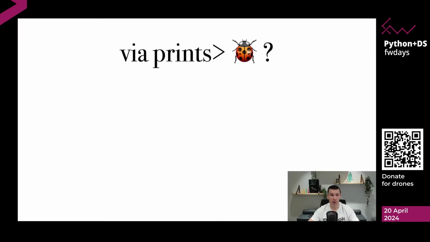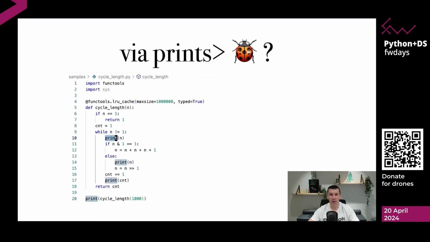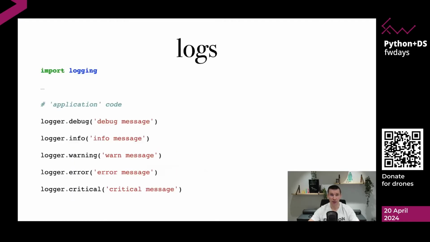First, what I learned and might come to your mind as well, of course, is using prints. For instance, we can add as many prints as we want everywhere in our source code, and then we can see the output. Another idea can be logging.